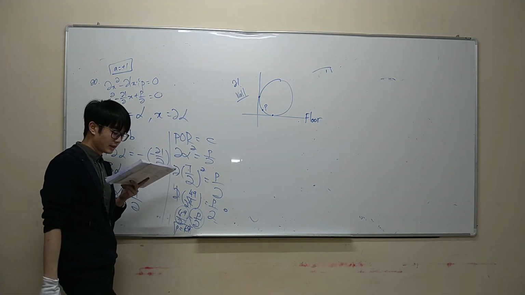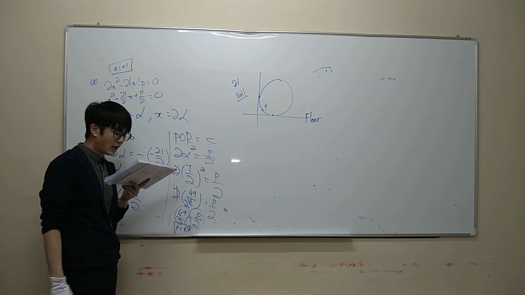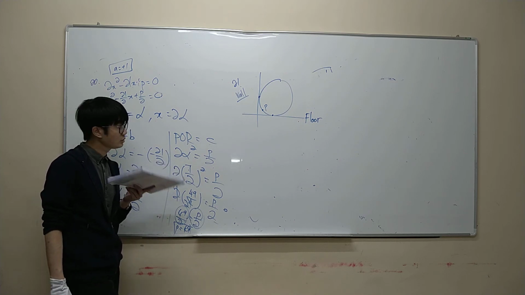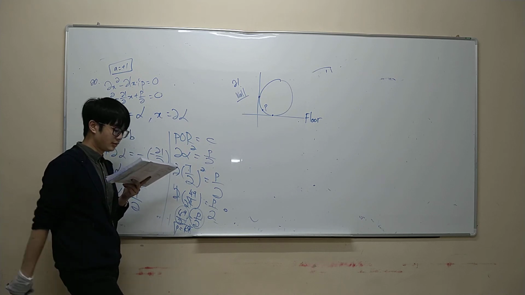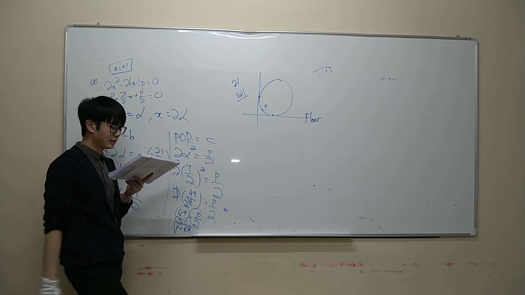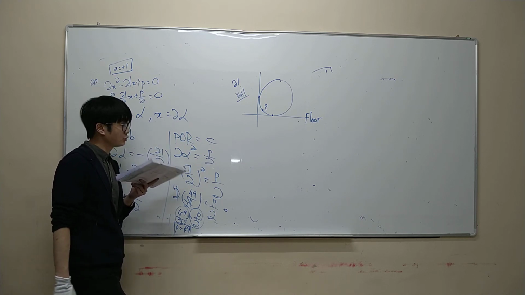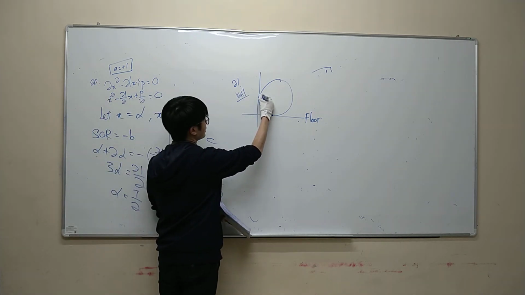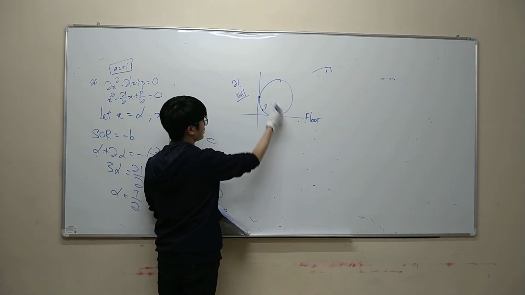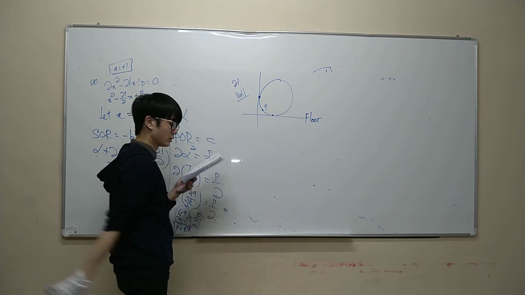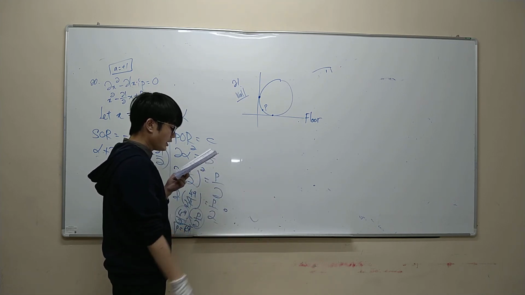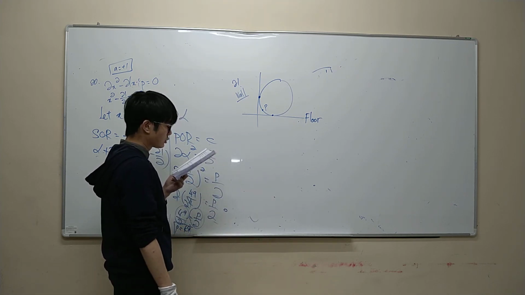So it says a wheel with radius r cm is being placed at the corner of a room. So this is a wheel, and it will touch the wall and touch the floor because it's at the corner. Given that the distance from P to the wall is 2 cm.